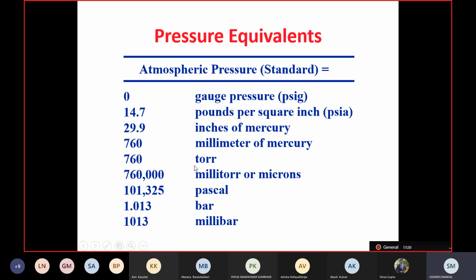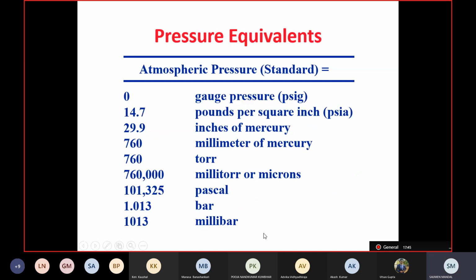So one atmosphere means 760 torr or around 1000 millibar, that is 10 to the power 3 millibar. Keep that in your mind: 760 and 1000 are both near the 10 to the power 3 order.